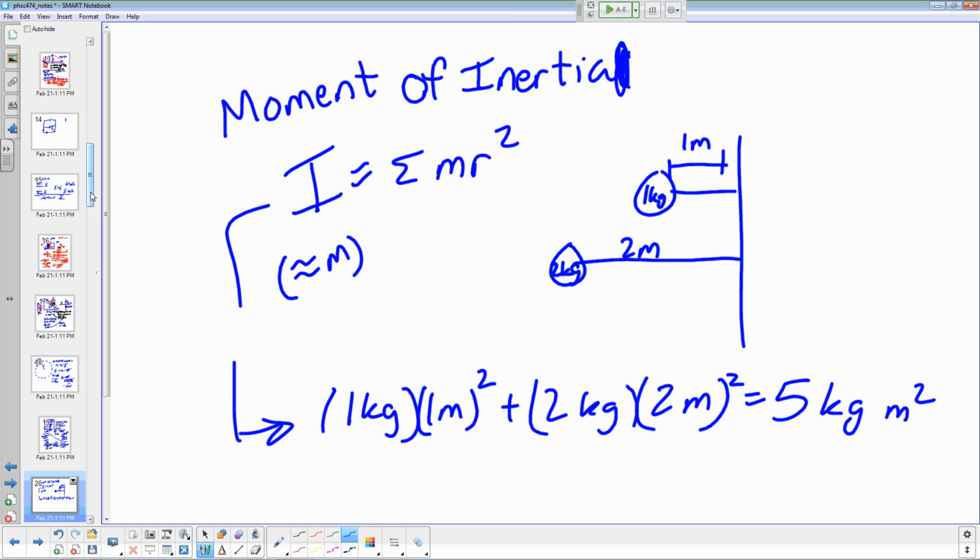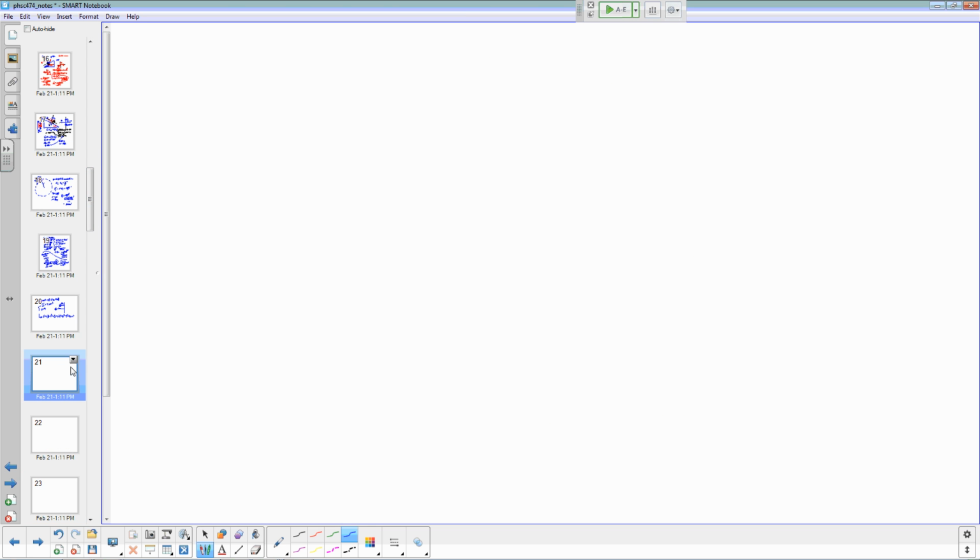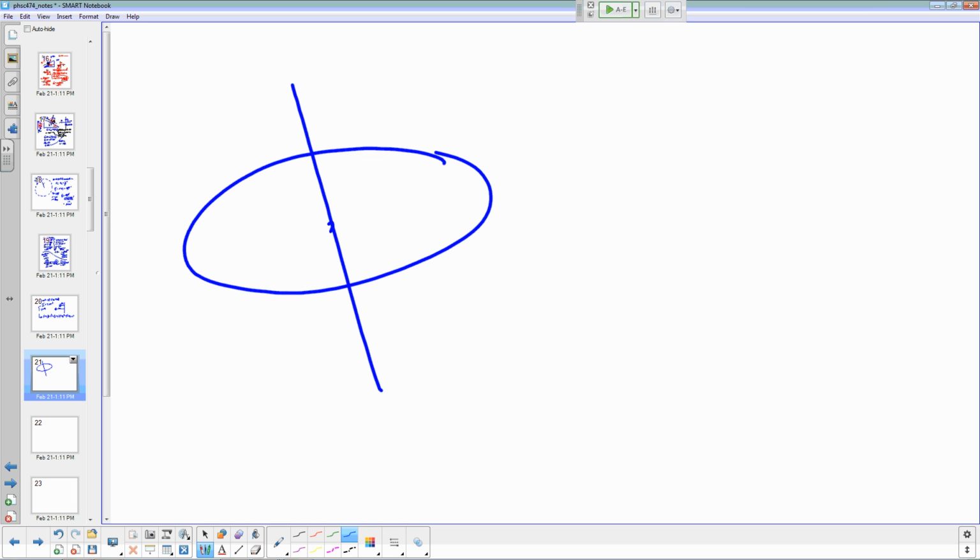This would be a Newton's second law problem for rotation. So let's say that I have a disk. It's rotating about this axis. It has a certain radius. Let's say that radius is, no, let's call it 2 meters.